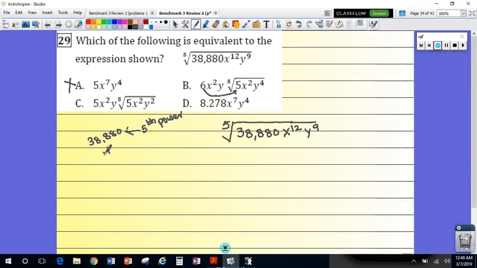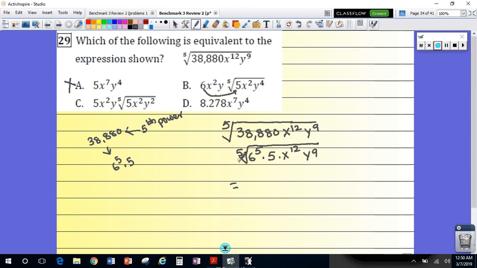So we can write this one as 6 to the 5th power times 5. So I will write over here. So 6 to the 5th power times 5 times x to the 12th power and y to the 9th power, and everything is fifth root of this one.